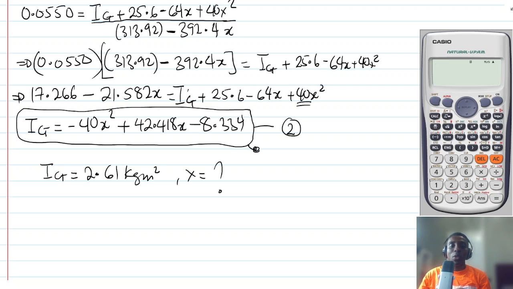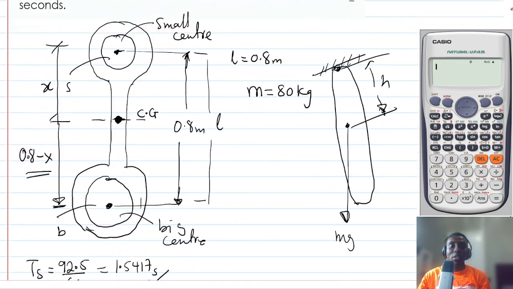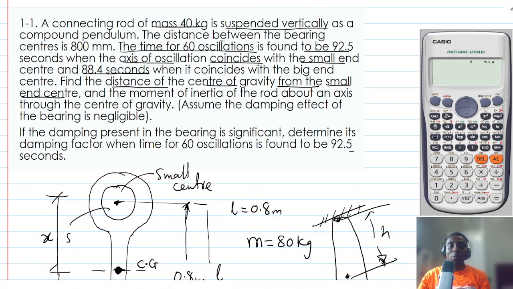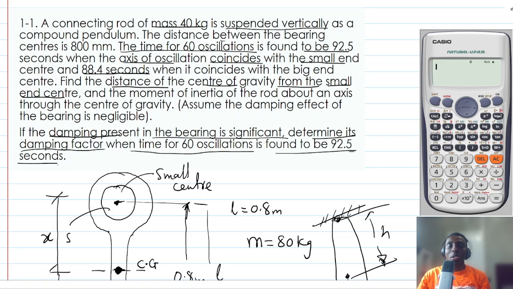The second part of this problem was saying that we should calculate, if the damping present in the bearing is significant, its damping factor when the time for 60 oscillations is found to be 92.5 seconds.